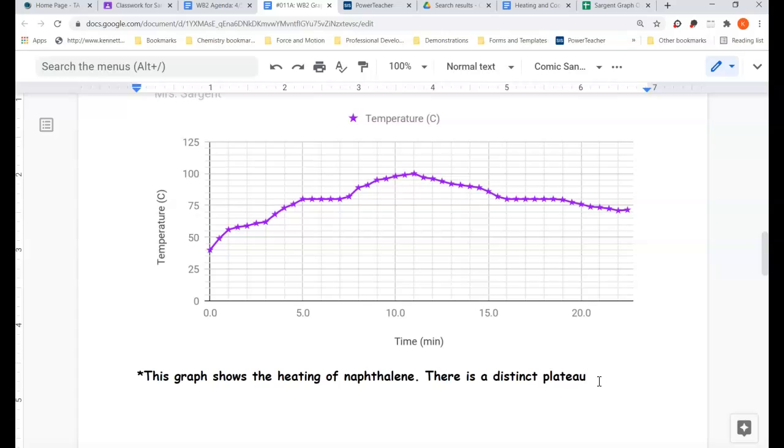There's a distinct plateau at 80 degrees Celsius from about 5 to 7 minutes. After that, the heat keeps increasing. At the, I don't know, what are we, 11-minute mark?